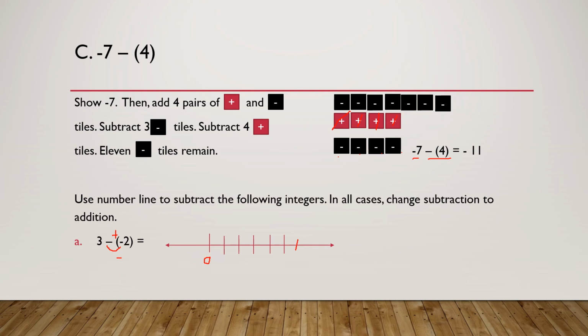So, kung maglalagay tayo ng 3, so, 1, 2, 3. Tama ba? So, 1, 2, 3, 4, 5, 6.